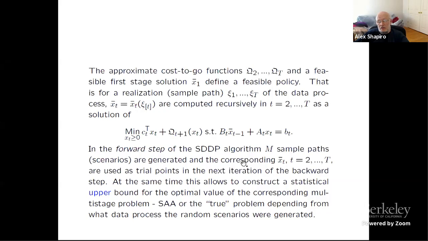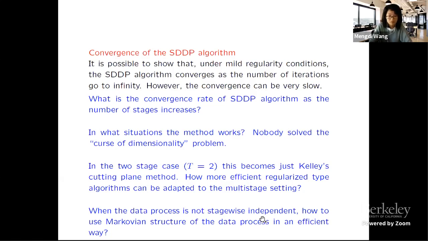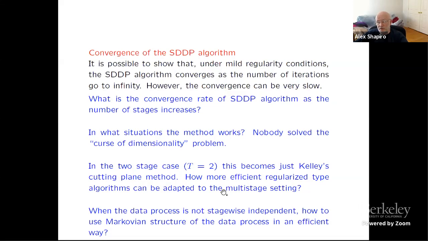Notice how this algorithm works. It goes forward and backward, and hopefully it converges. There are natural questions about this which don't have good answers yet.